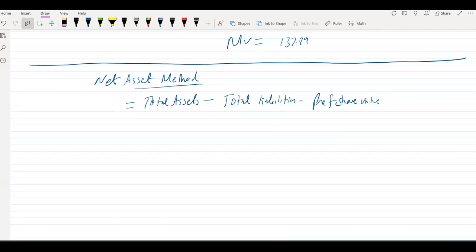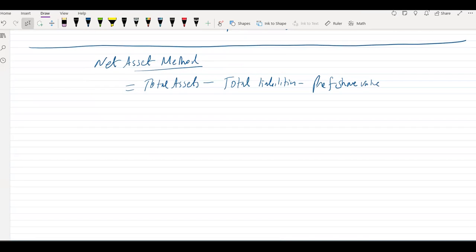So when you are calculating the total asset minus total liabilities, you have to adjust the total asset and total liability. If there is property, plant and equipment, preferably take its replacement value. If not available, realizable value.